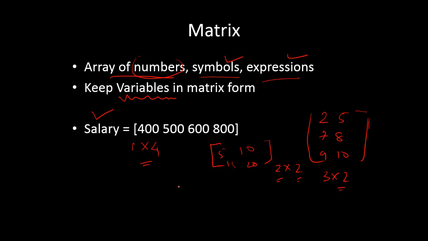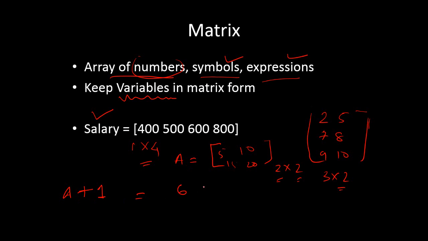We can do a lot of mathematical operations on the matrix. First thing is that we can add a scalar to the matrix, and it gets added to all the numbers. We'll take this one, 5, 10, 15, 20. So let's say this is matrix A, and we want to add the number 1 to all the elements of matrix A. So what will happen?